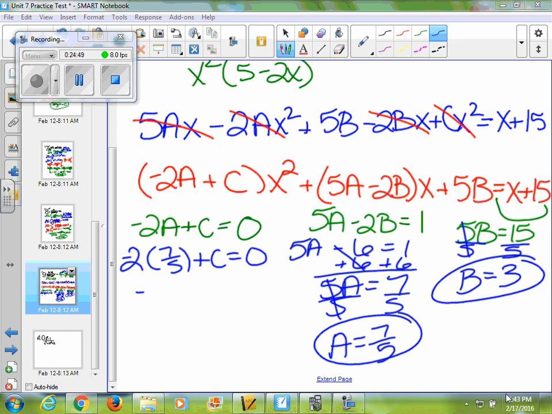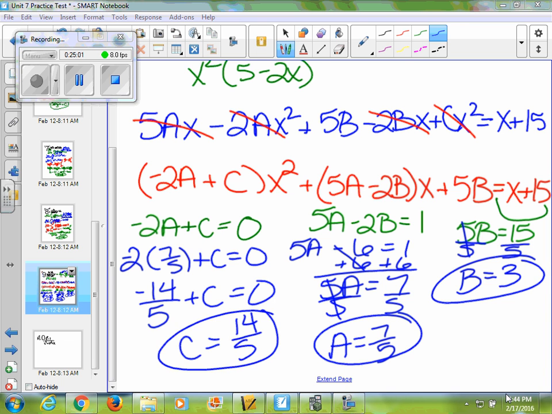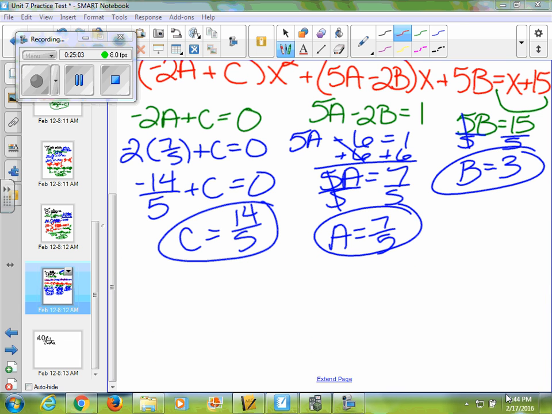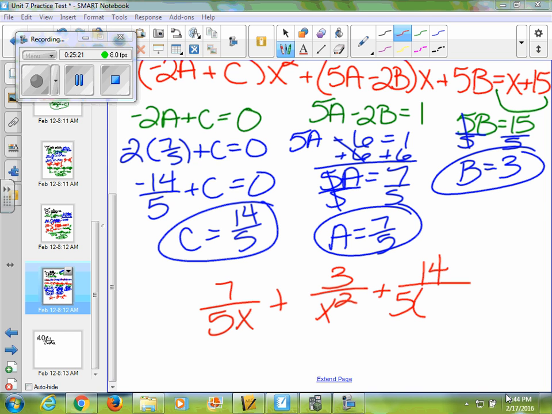Negative 2 times 7/5 is negative 14/5. What does c equal? 14/5. So then rewriting my fractions, I end up with 7 over 5x because a was 7/5. My b is just 3, so 3 over x squared. And my c is 14/5, so 14 over 5 times 5 minus 2x.